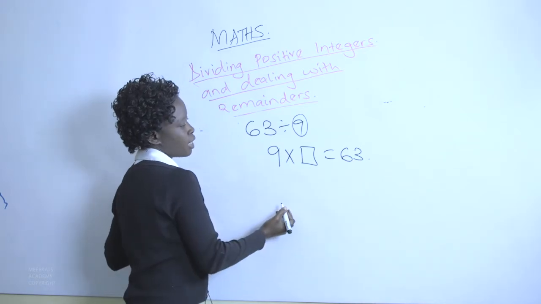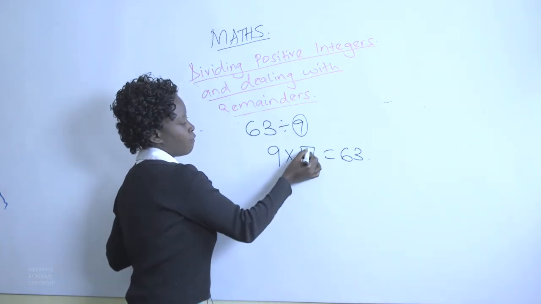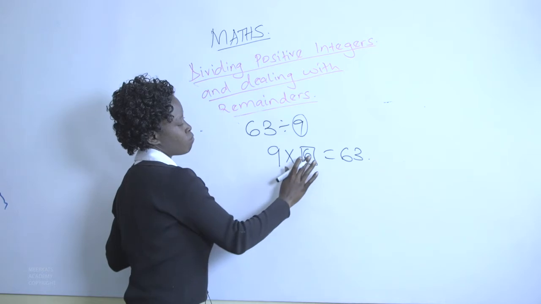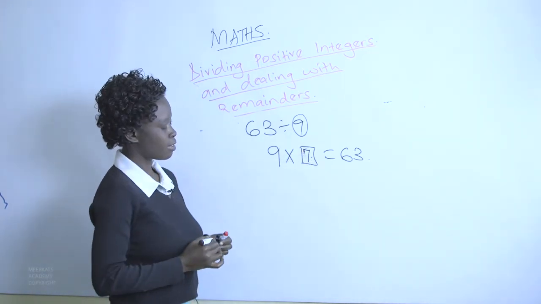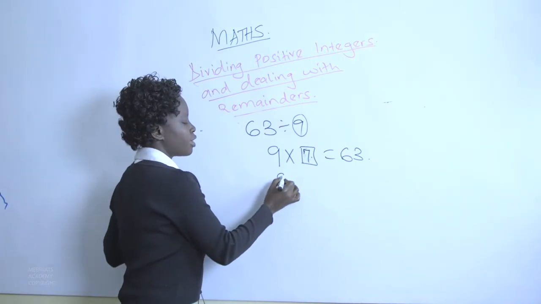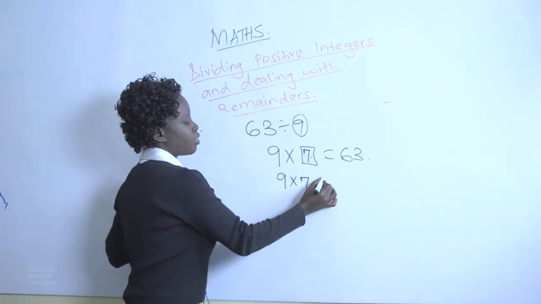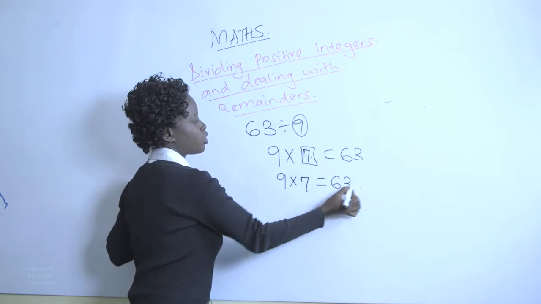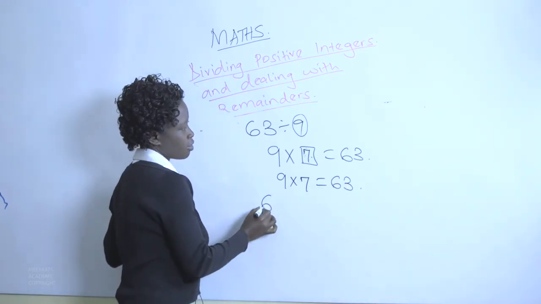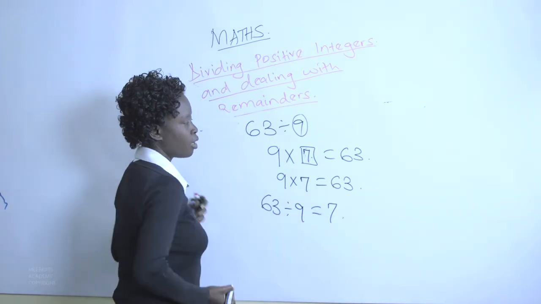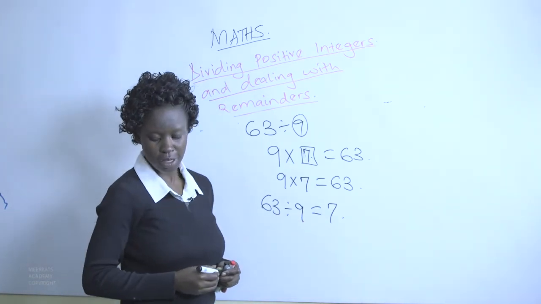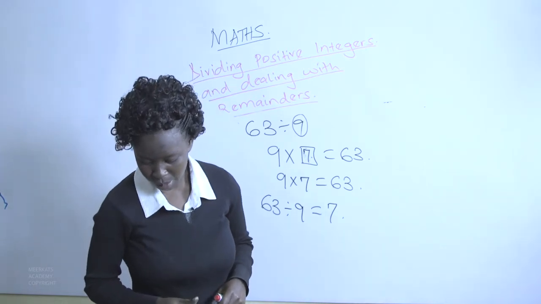And the figure is 7. So when we have 9 times 7, then we will obtain 63. So what does that mean? 63 divided by 9 is simply 7. So this is using the knowledge in the multiplication tables.